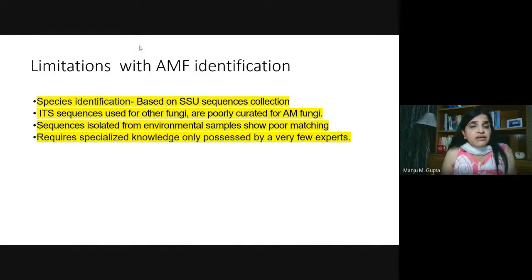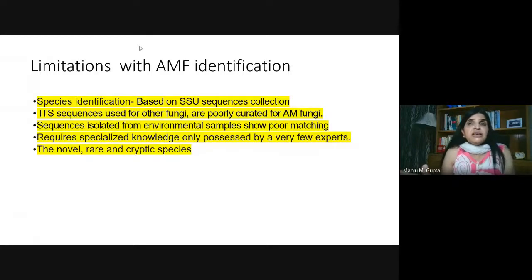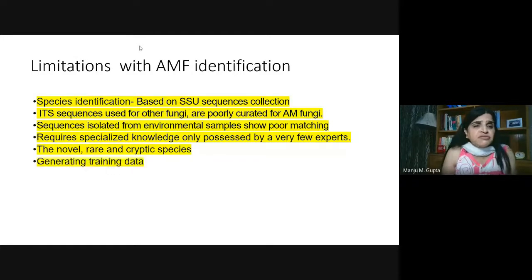We couldn't match many of these sequences, a large proportion of the sequences remained unidentified, and it still required lots of specialized knowledge by very few experts. We had cases of new species occurring that were not present in the databases, or rare species, and we couldn't identify them with these databases.